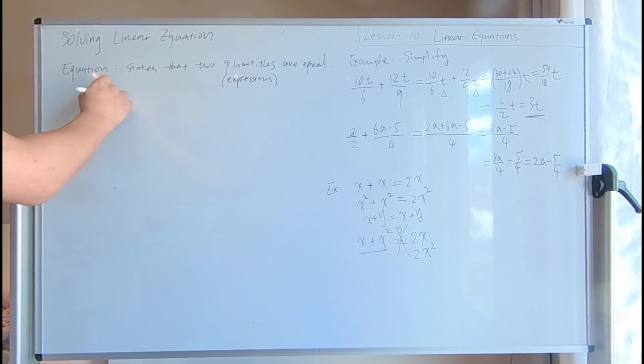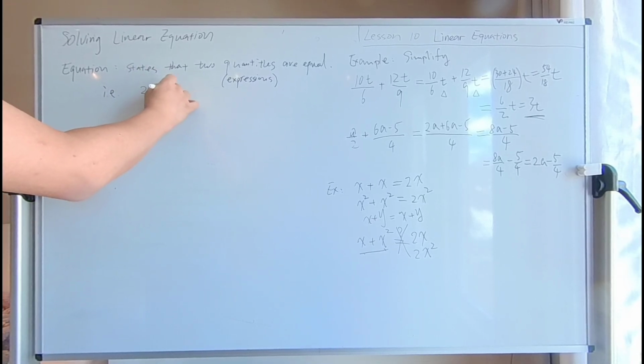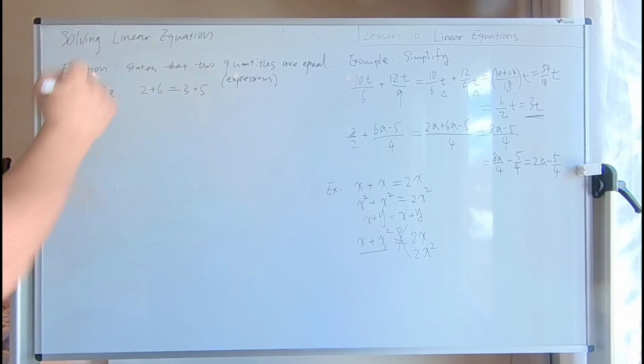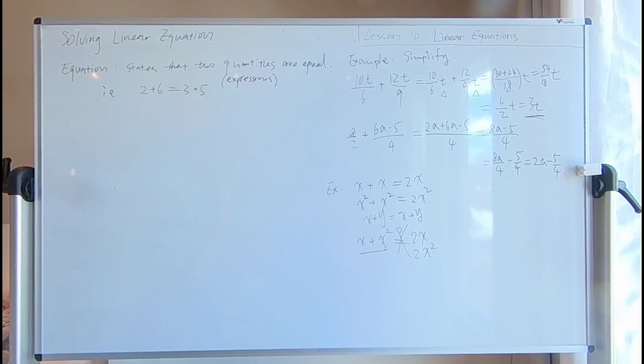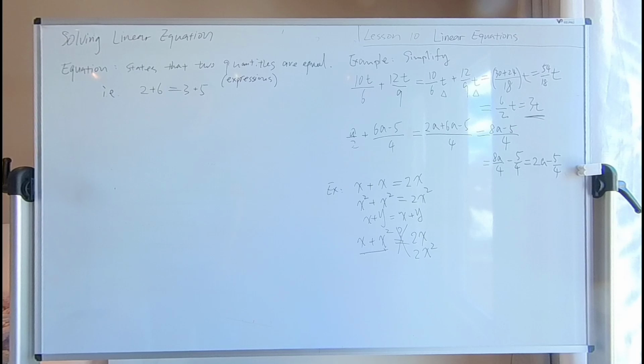So for example, equations can actually contain only constants, as long as it's true. If I write 2 plus 6 equals 3 plus 5, it is an equation, right? 8 equals 8. The two quantities do equal each other.